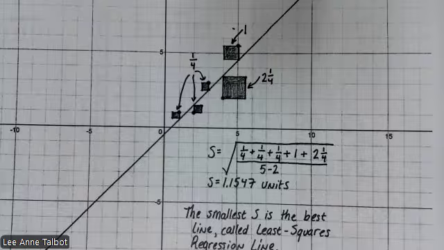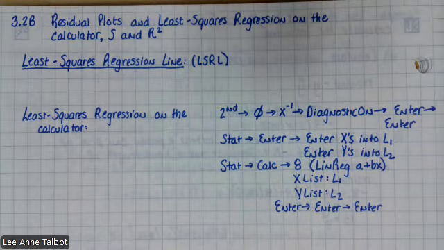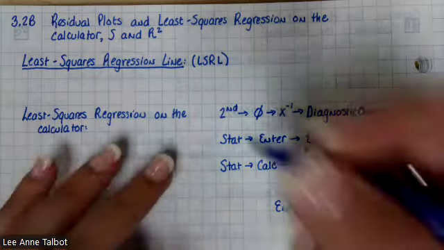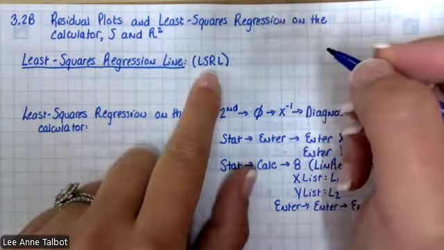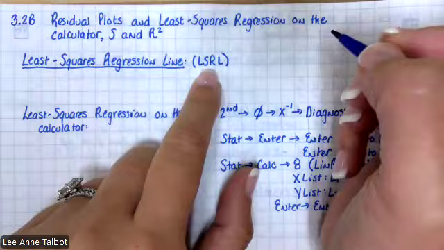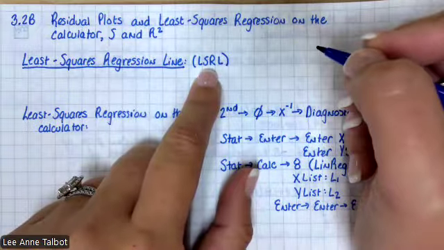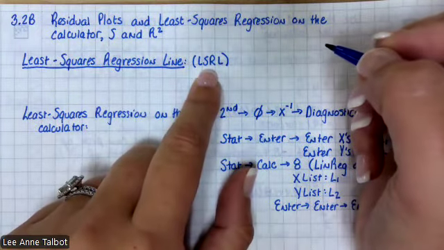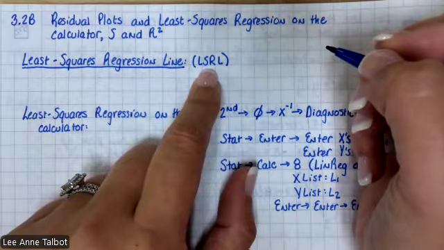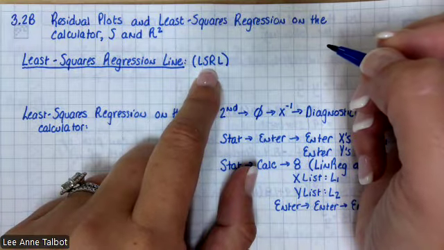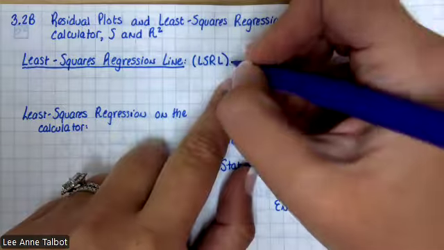So that was for my visual learners out there. I'm going to call this the LSRL because I'm a lazy human being, but also the College Board calls it the LSRL because we just can't say least squares regression line. I just possibly cannot.